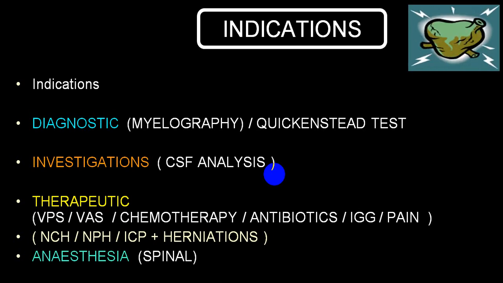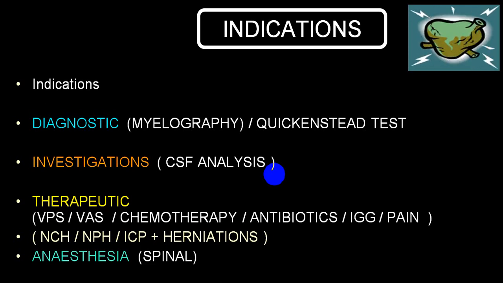And the third word, which is very commonly used, is for therapeutic purpose, where you perform ventriculoperitoneal shunt, ventriculoatrial shunt in case of raised intracranial pressure or in a case of hydrocephalus, etc.